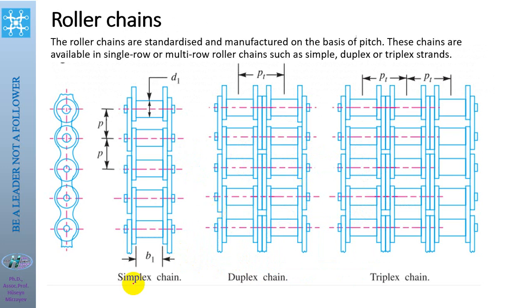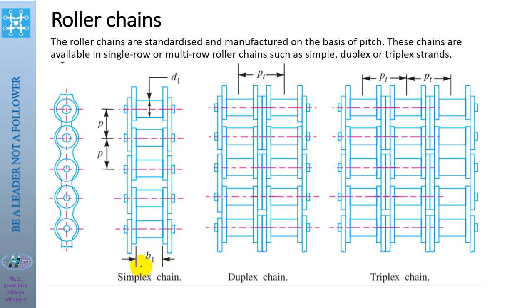This is a type of the roller chains. There are simplex chains, duplex chains, and triplex chains. And P is pitch of the chain, distance between the axes of the chains. D1 is diameter of the axis of the chains.